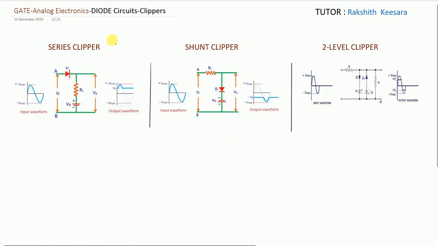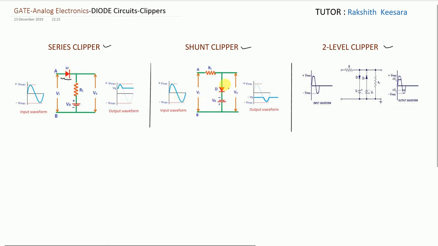So friends, I already told that there are three kinds of clippers, that is series clipper, shunt clipper, and two-level clipper. So what is a series clipper? So this is the basic clipper circuit guys. Whenever the diode is connected in series with the input voltage, it is called as series clipper.